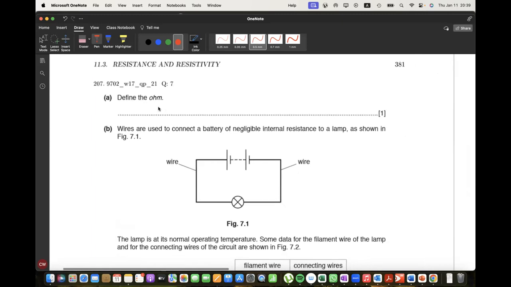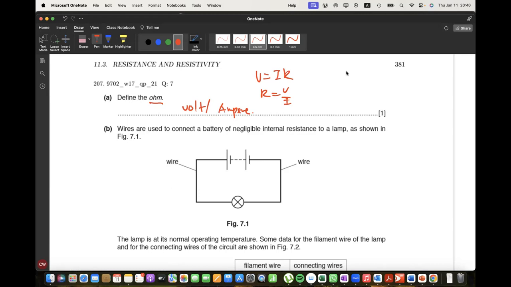Do you think you can do this? Tell me something positive. V is IR, R is V over I. Volt over ampere, correct. Okay, at least you start to get things correctly.